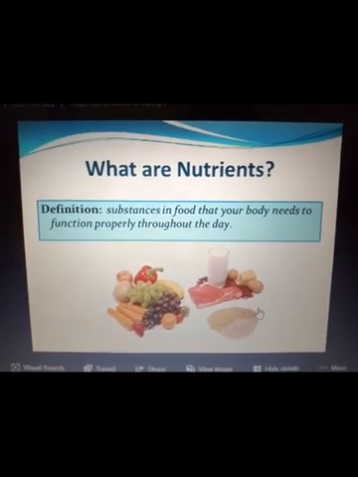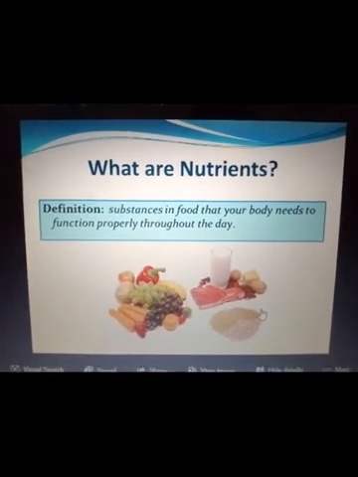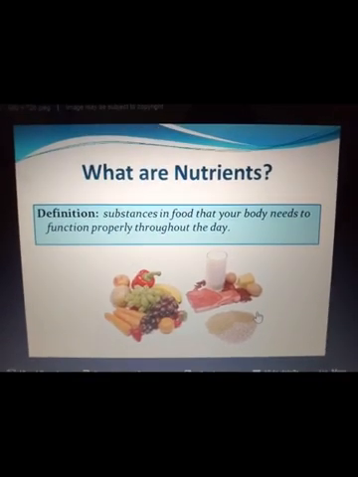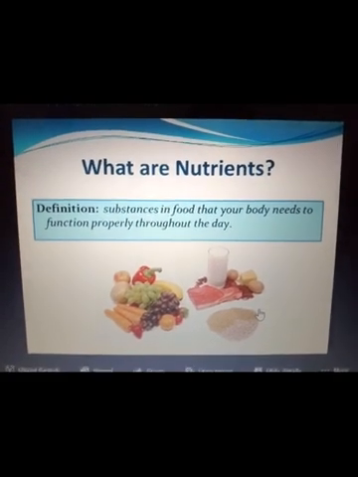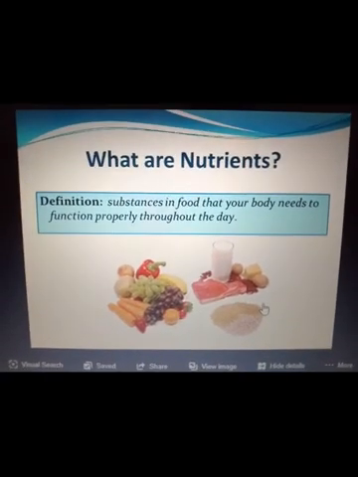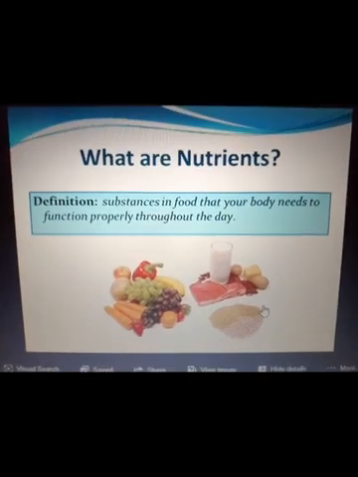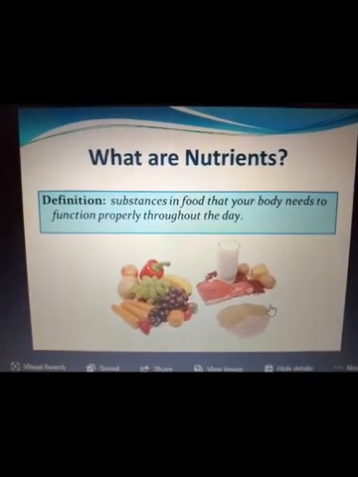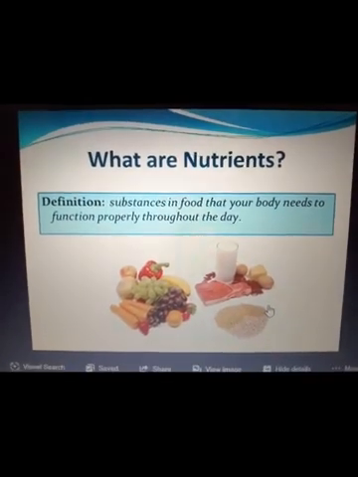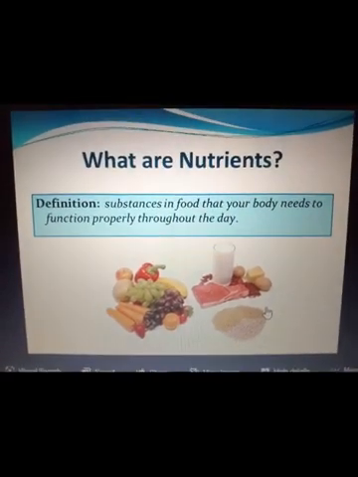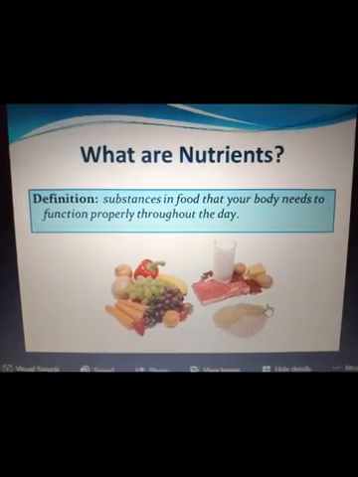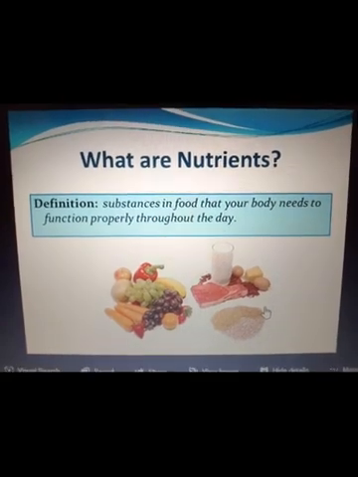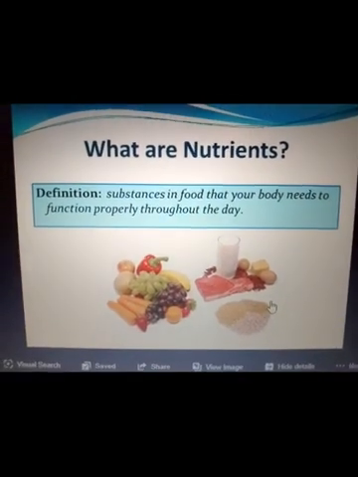Nutrients are substances in food that your body needs to function properly throughout the day. That means nutrients are present in food which your body needs to function properly, to work properly. So your body needs nutrients and nutrients are in food.